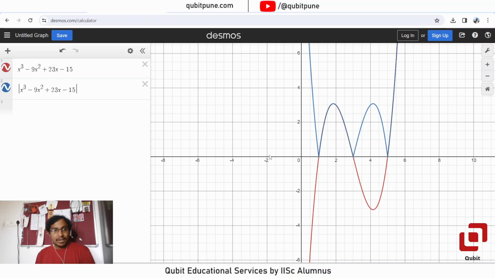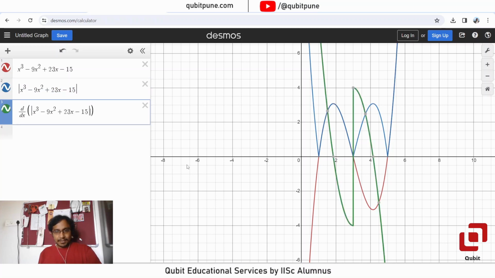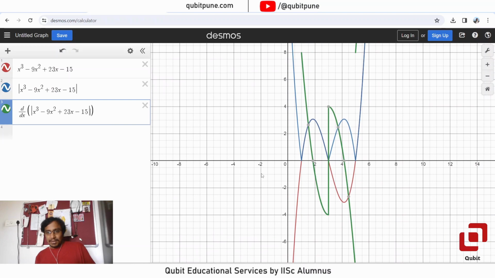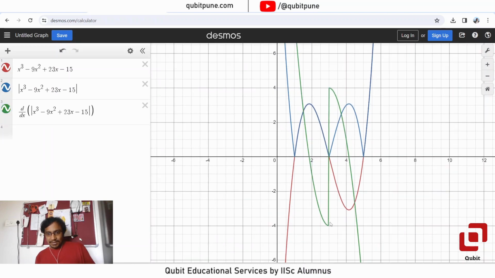Now let's see if we can find the derivative of this function mod f at 1. See, it is showing exactly vertical, so from this it's not going anywhere. From the left, the derivative is negative 4, but from the right the derivative is positive 4.